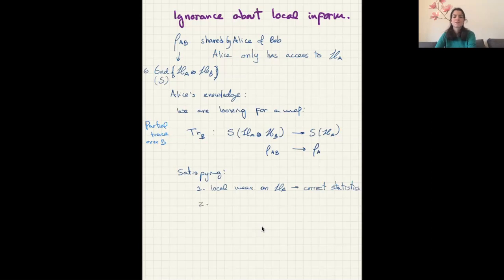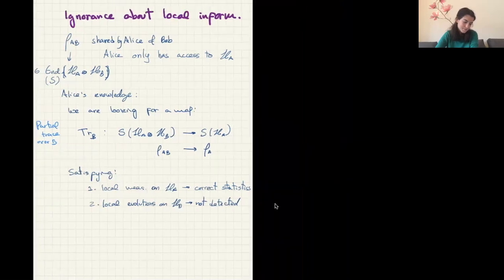On the other hand, local evolutions on HB should not be detected. Okay, so let's just look first at local measurements.